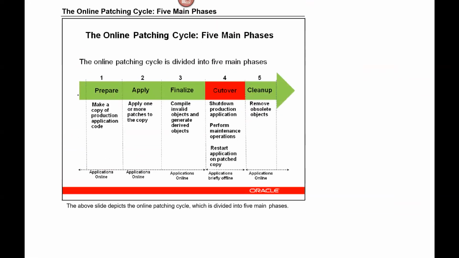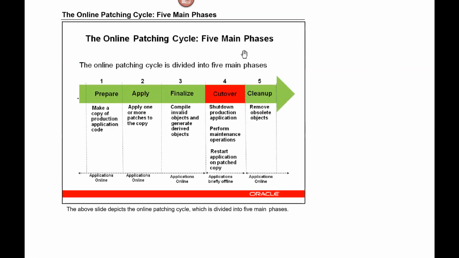Your online patching has 5 different phases. Prepare, where whatever changes are there on FS1, it makes the same changes on FS2. In apply, you are applying one or two patches. In finalize, you are compiling the invalid objects and generating the derived objects. In cutover, production applications are shut down.